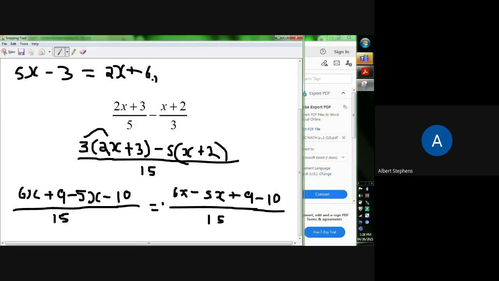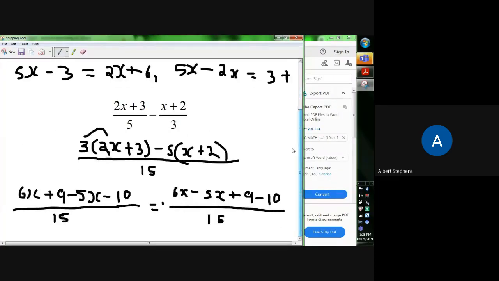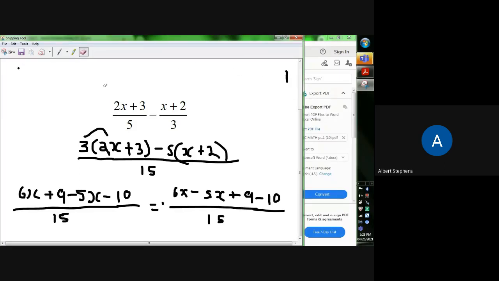Some of your teachers might say the sign can change, so this plus 2x becomes minus 2x, and this minus 3 becomes plus 3. And you find that sometimes the sign will change. But we're not doing that. There's no equal sign in the question at hand, so the sign won't change. Any questions?